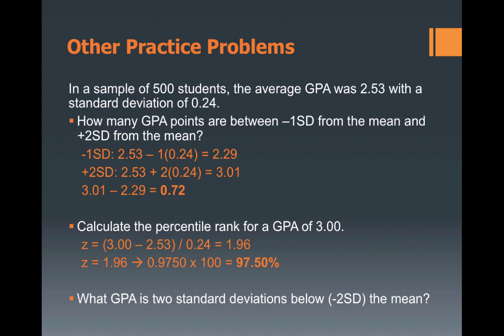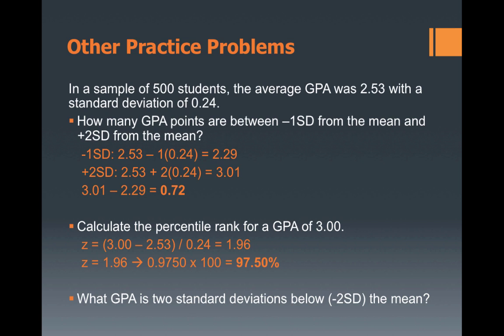So somebody who has a GPA of 3.0 among the sample of 500 students is doing better than 97.5% of their classmates. So somebody who has a GPA of 3.0 is doing really well among their classmates that have an average GPA of 2.53.